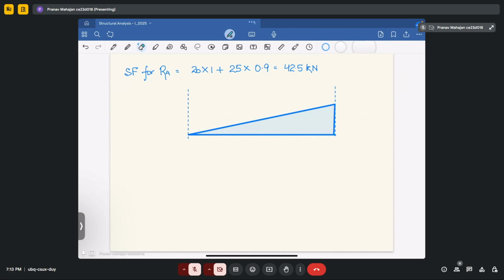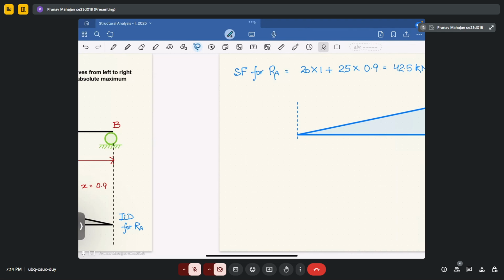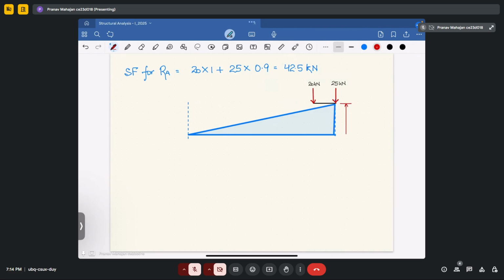Now in this case, if you put the loading configuration again over the beam, how will it look? I am again putting this loading configuration here. Here we know that this distance is 1. And what will be this distance?